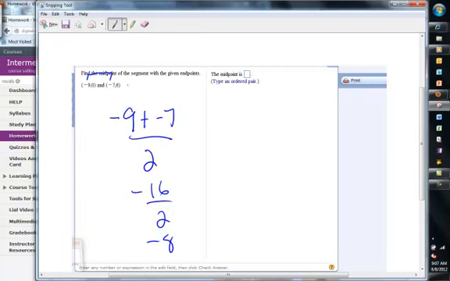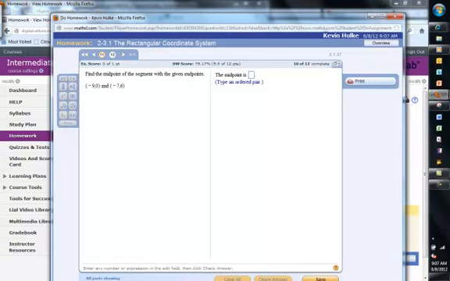Halfway between negative 9 and negative 7 is negative 8. Then halfway between 0 and 6, 0 plus 6 divided by 2 is 3. So our midpoint would be negative 8 and positive 3.